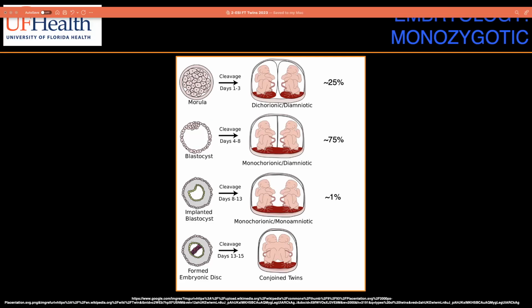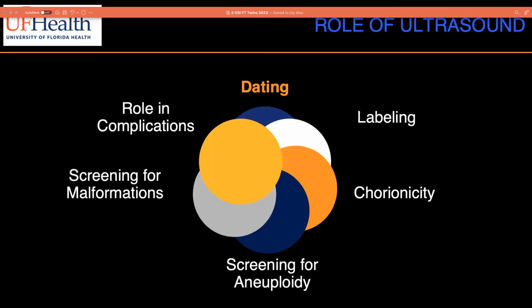So if you have cleavage at the morula stage, days 1 to 3, you are going to have di-di twins. And if this cleavage is day 4 to 8, at the blastocyst stage, you're going to get the mono-di twins. And if this is between days 8 to 13, in an implanted blastocyst, you'll get the mono-mono twins. And finally, anything beyond 13 days with a formed embryonic disc, you will get the conjoined twins.